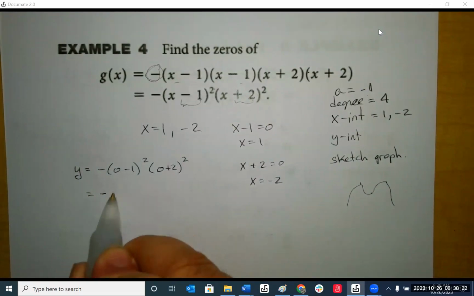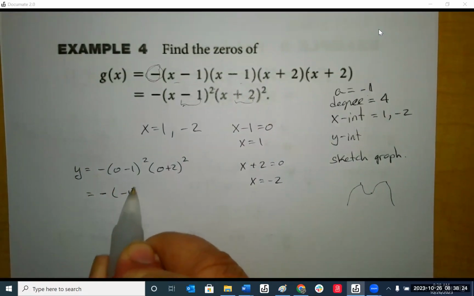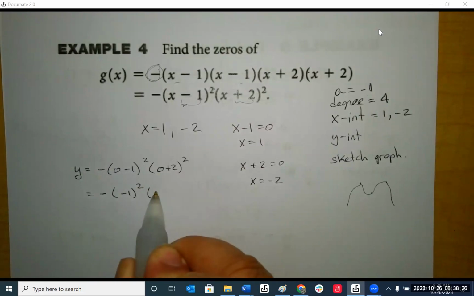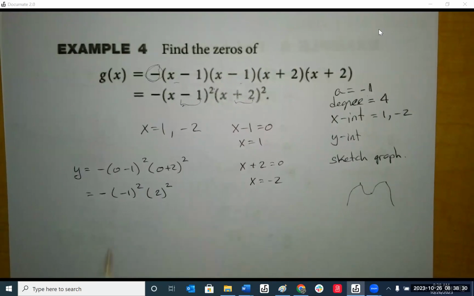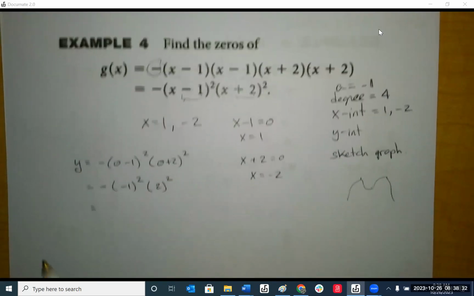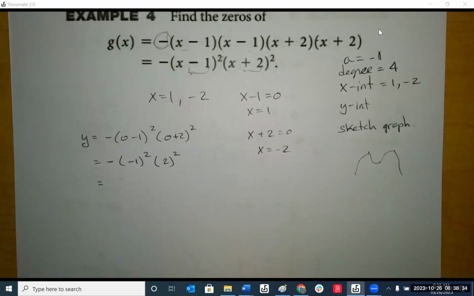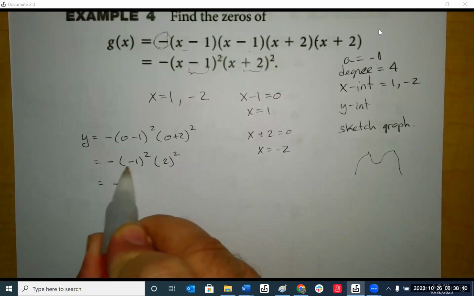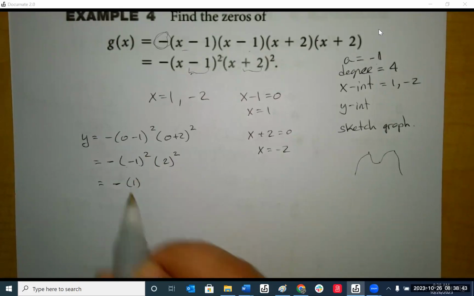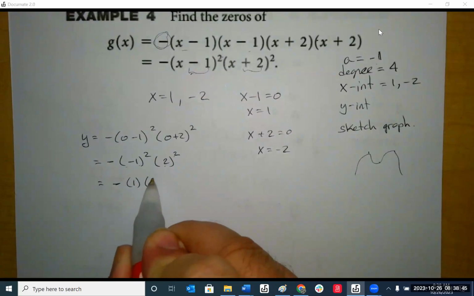So 0 minus 1 is -1 squared. 0 plus 2 is 2 squared. -1 squared is +1. 2 squared is 4.